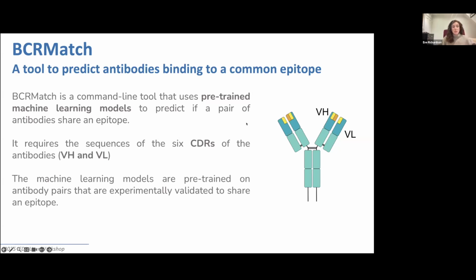So as I said, this uses machine learning models. Those are pre-trained and distributed as they were in the paper. So they're trained on antibody pairs from the IEDB or from additional data sets from previous papers. And those are antibody pairs experimentally validated to share an epitope.